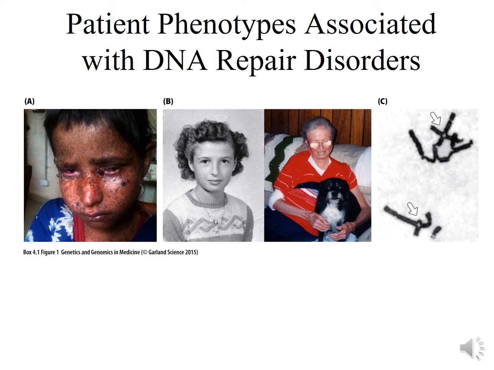Those individuals have multiple defects in the DNA repair pathways, including the homologous recombination pathway, the telomere maintenance pathway, and the base excision repair pathways. In B is shown the individual at age 13, and the second picture in B shows that same individual at age 56.